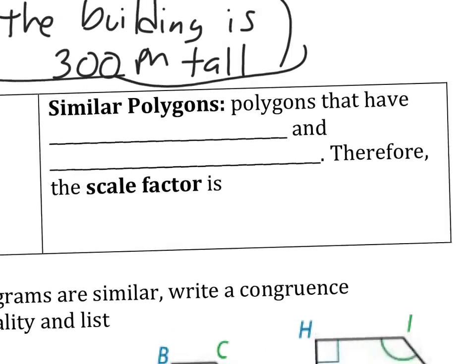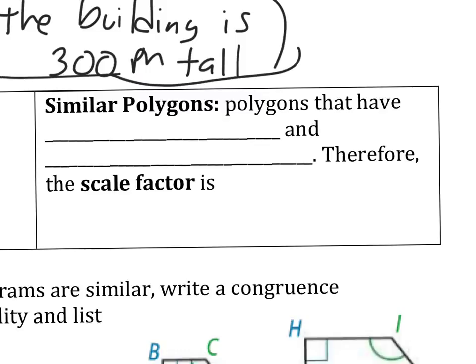So what does similar polygons mean? Now it turns out congruent is a subset of similar. Similar polygons are polygons that have congruent corresponding angles, which means they are two objects that are the same shape, but sides are in proportion.